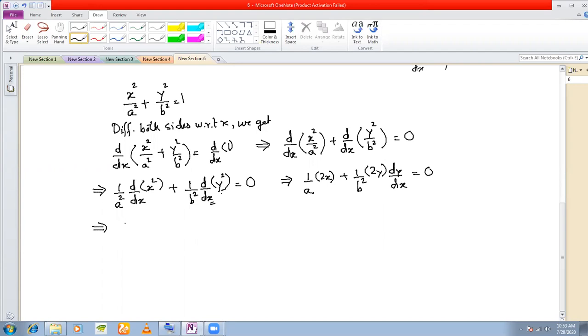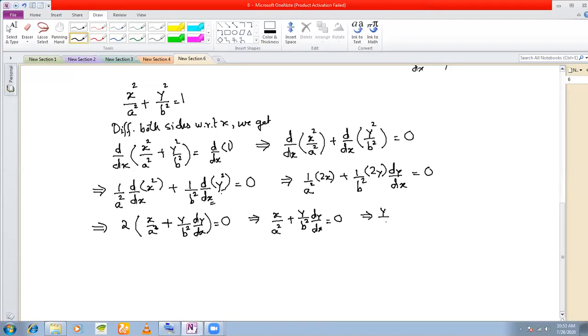And then I can take 2 common. 2 times x by a square plus y by b square dy dx is equal to 0.